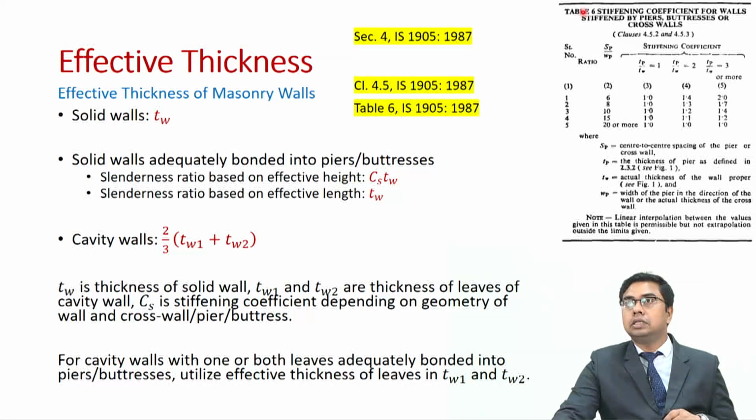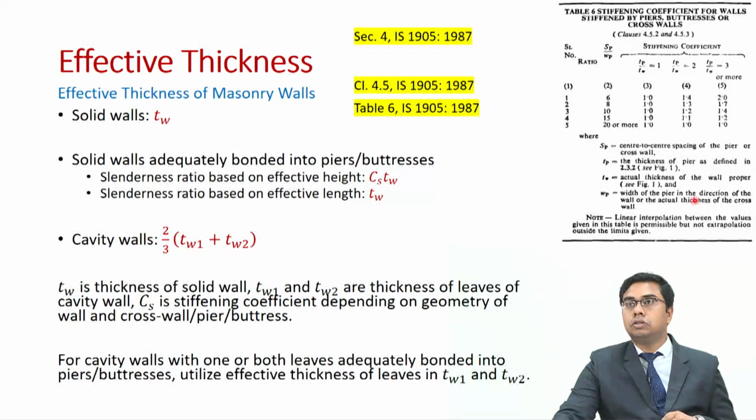Now, as you can see, table 6 from IS 1905 gives us the value of a stiffening coefficient for walls shown as CS over here, and for this value of a stiffening coefficient we need some terms like center to center spacing of the pier or cross wall.